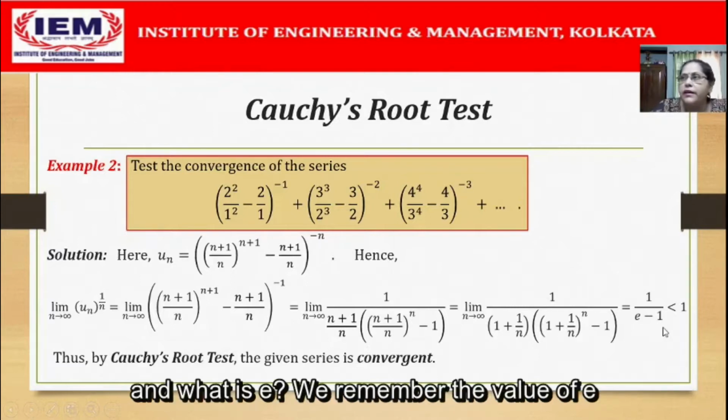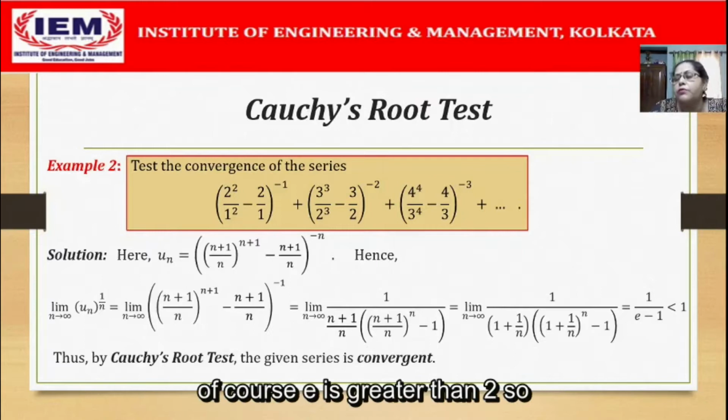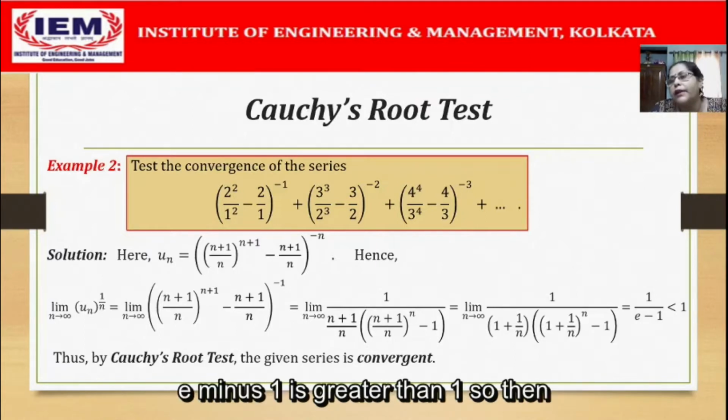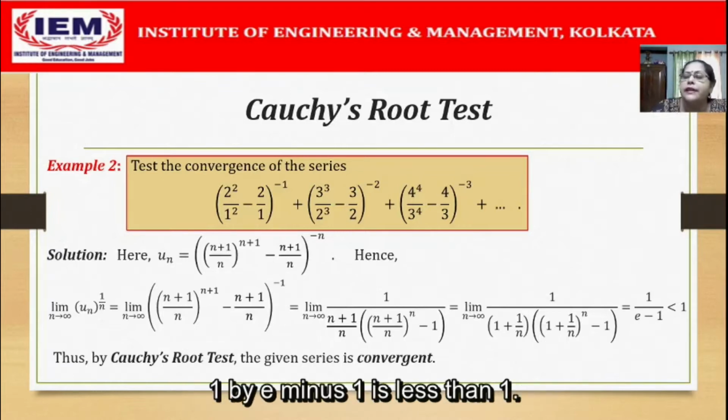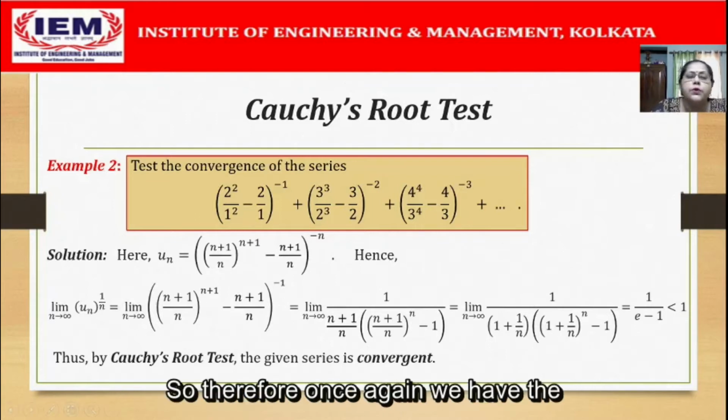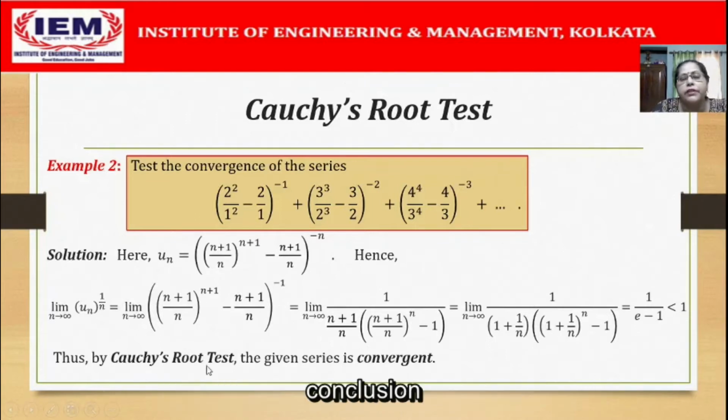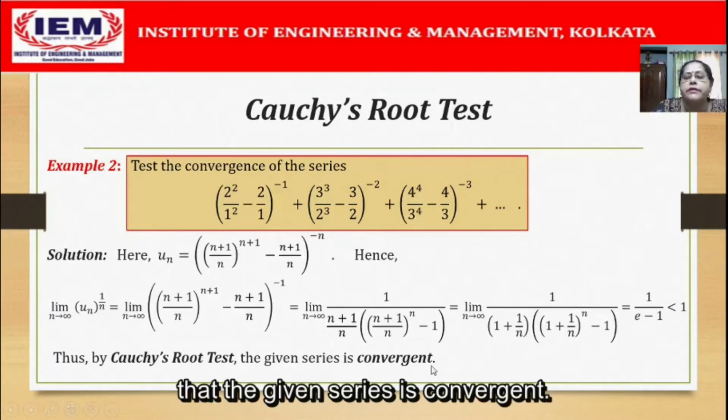We remember the value of e: of course, e is greater than 2, so e minus 1 is greater than 1, and then 1 by (e minus 1) is less than 1. Therefore, once again, we have the conclusion that the given series is convergent.